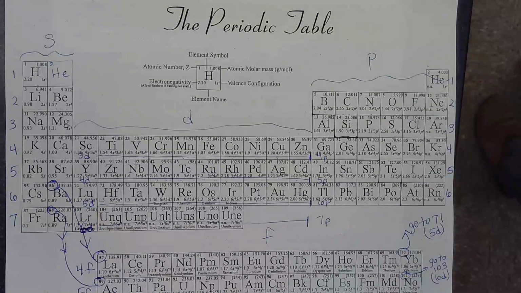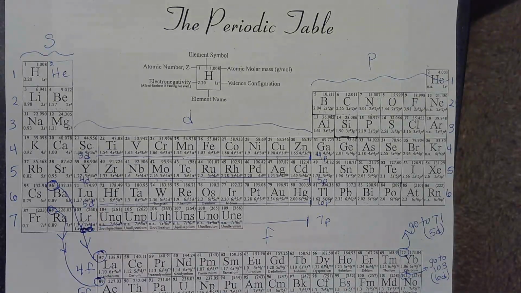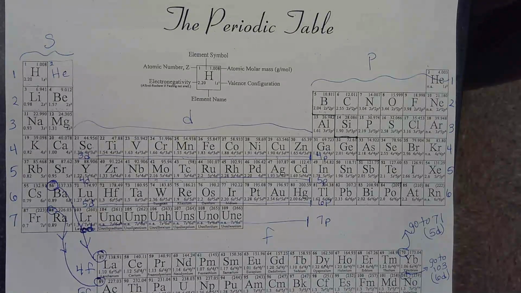Low energy. It doesn't take much energy to be down here close to the nucleus, correct? As you get farther away, it takes more energy. So we're dealing with low energy to high energy. That's one aspect of energy.